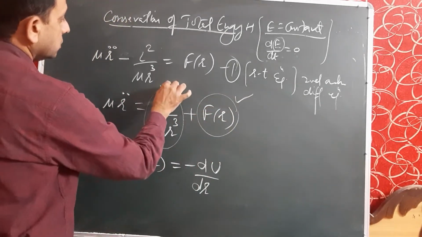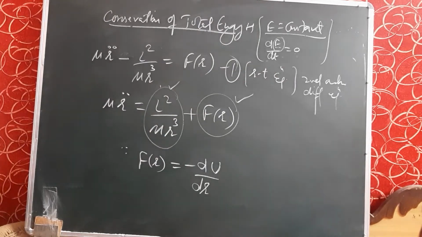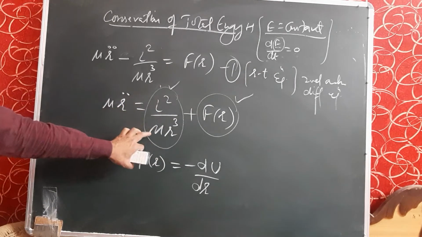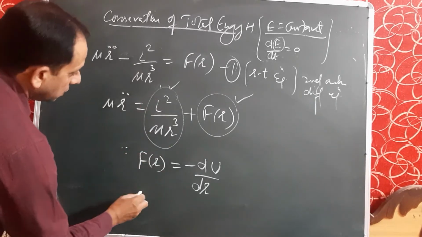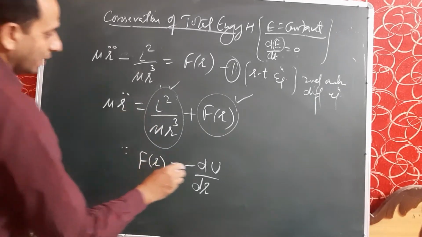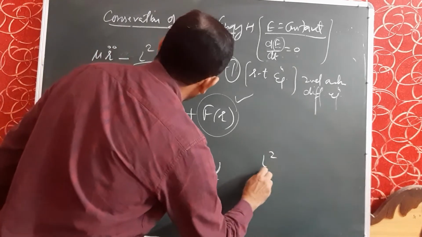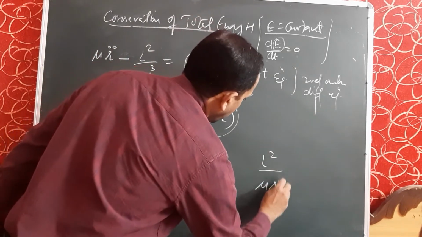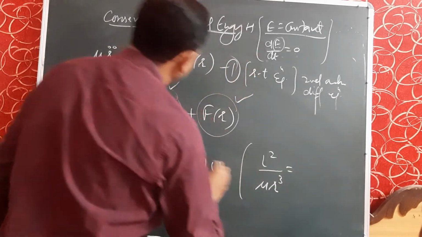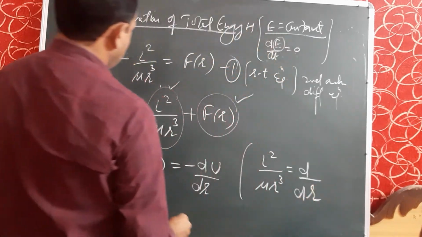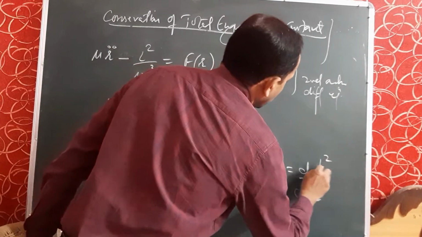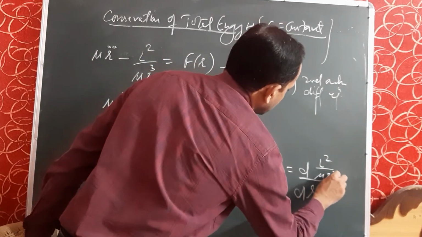I will also reduce the second term as the derivative of some term. So what is this term? L square over mu r cube may be written as the derivative of L square over mu r square with a negative sign.